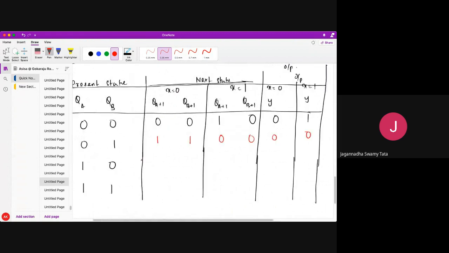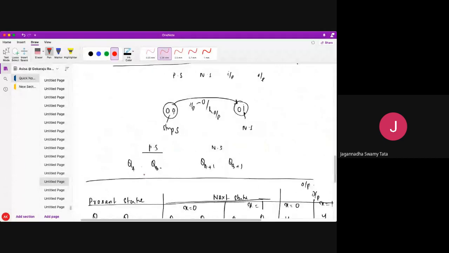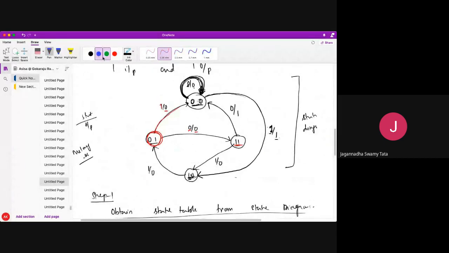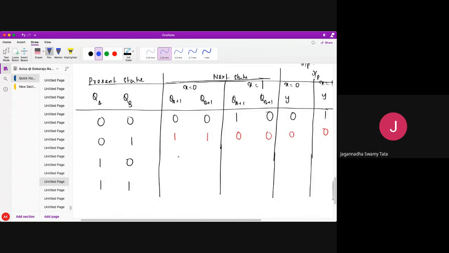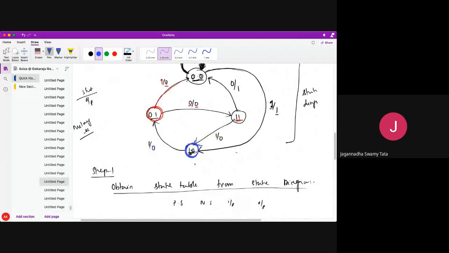Understand? Now 1 0. Present state is 1 0. Where am I now? I am at 1 0. If input is 0, I am going to the next state 0 1. Now if input is 1, where am I going?